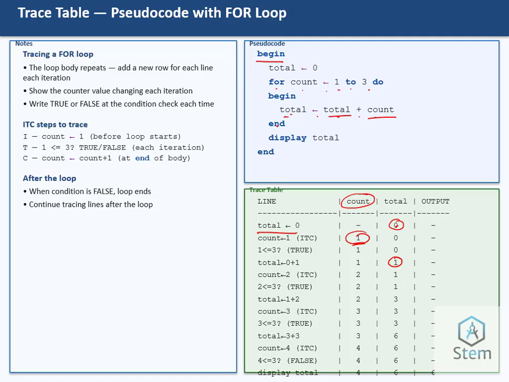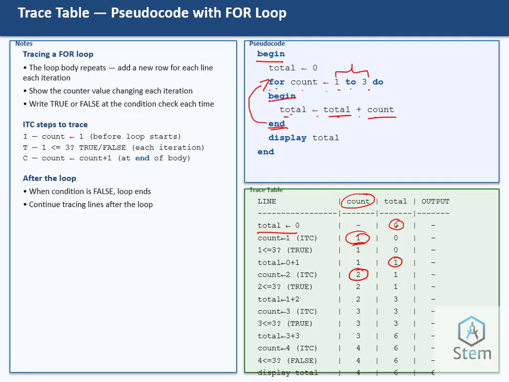The for loop ends here, but remember the for loop only ends after 3 iterations. So we go back again. Count is automatically moved from 1 to 2. That's what the for loop does. So count is now 2.